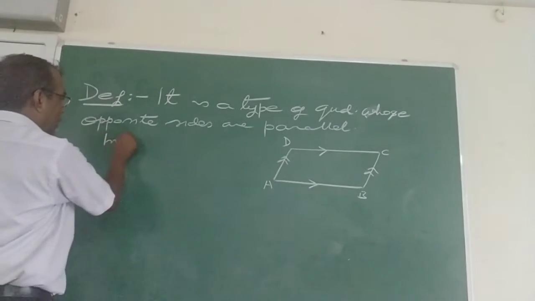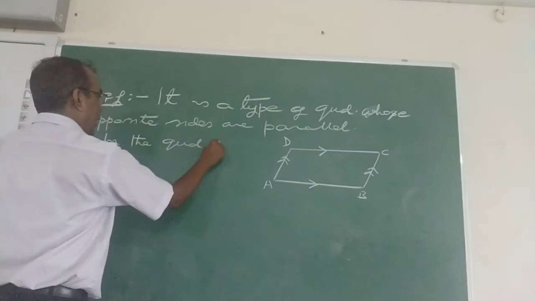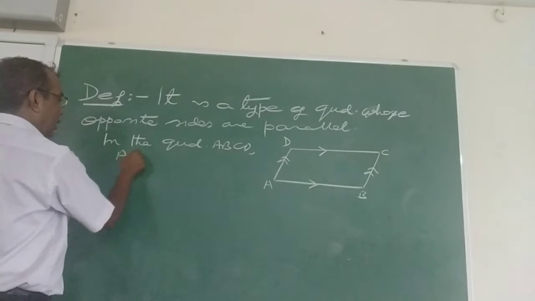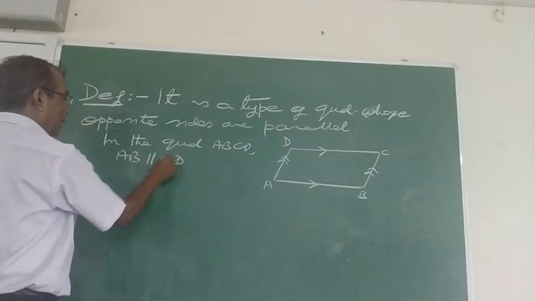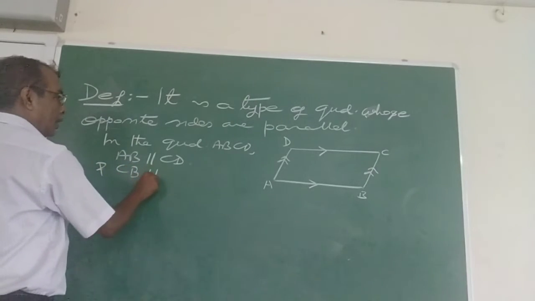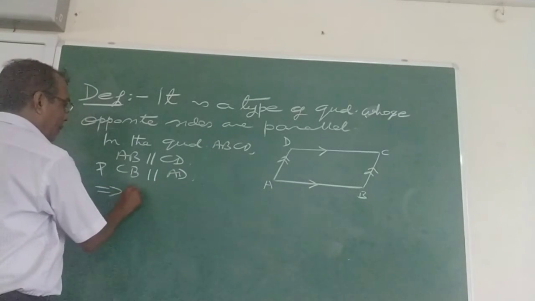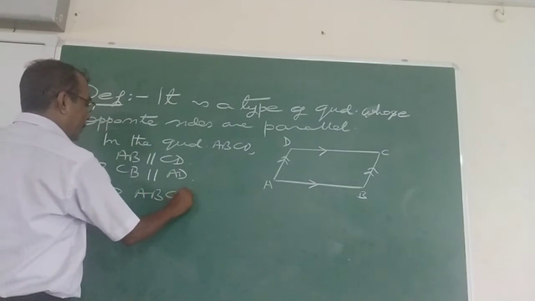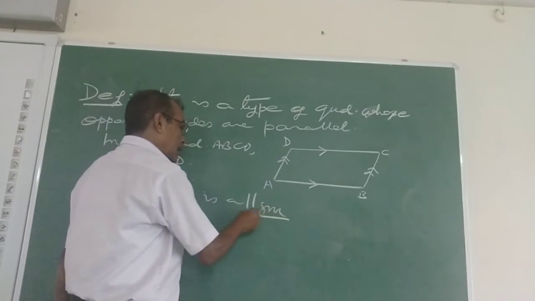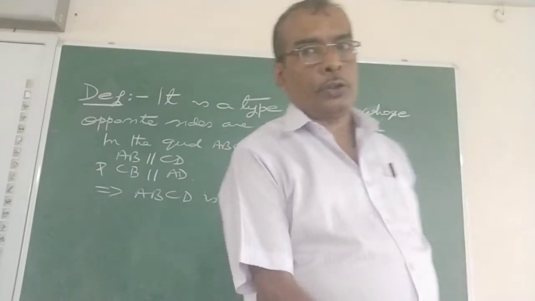In the quadrilateral ABCD, AB is parallel to CD and BC is parallel to AD. It implies ABCD is a parallelogram.